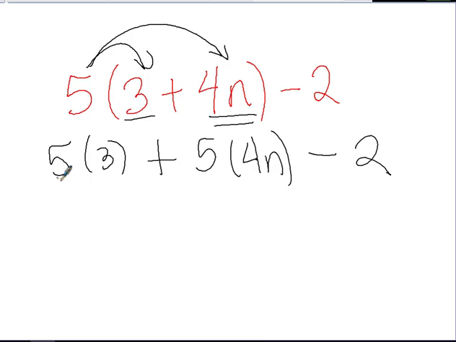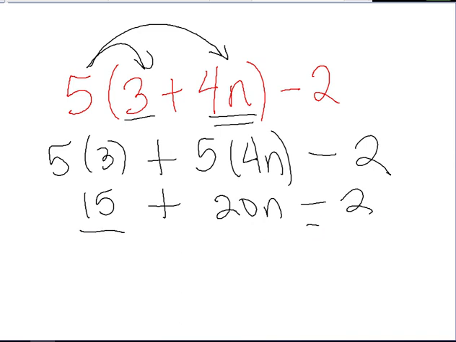Then I'm going to do 5 times 3, which is 15, plus 5 times 4n, which is just 20n, and bring down the minus 2. Then I'm going to look across and notice that I have like terms with 15 and minus 2 because those are both constants. So I'm going to combine the 15 and the minus 2.